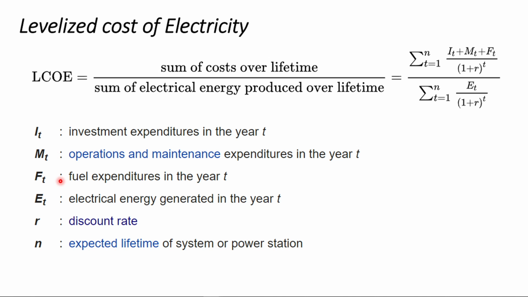And wind and solar do not require any fuel at all, whereas you need to buy coal and natural gas. So at first glance, the cost for renewables might be very low. Wind and solar might have an advantage here.